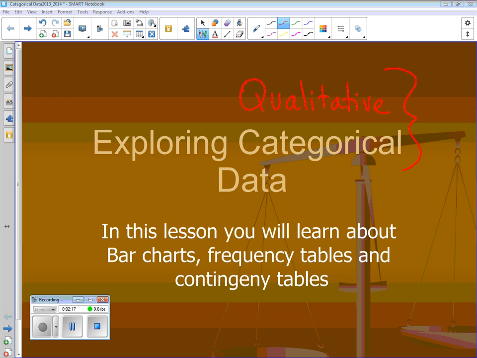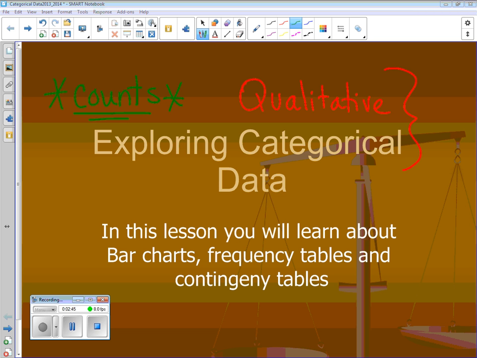The big thing here that we're going to talk about, and to really guarantee that it's qualitative data, is you want to be looking for what we like to call counts. How many people have brown eyes? How many people thought that Scotland should become its own thing? So we're really looking for counts, frequencies.